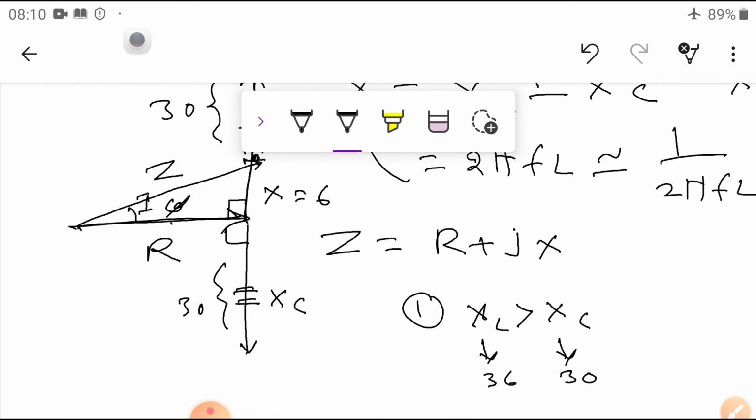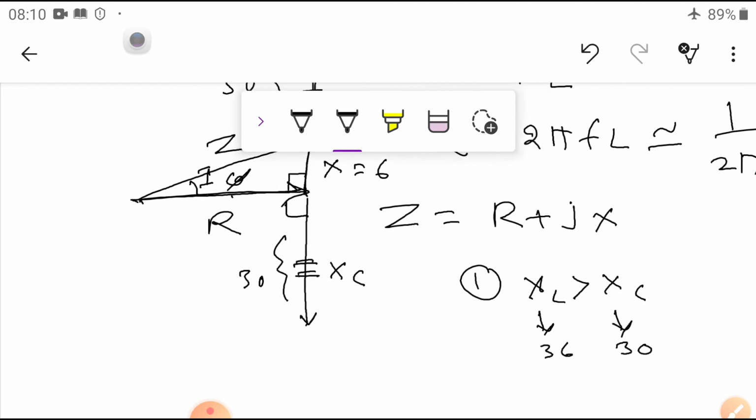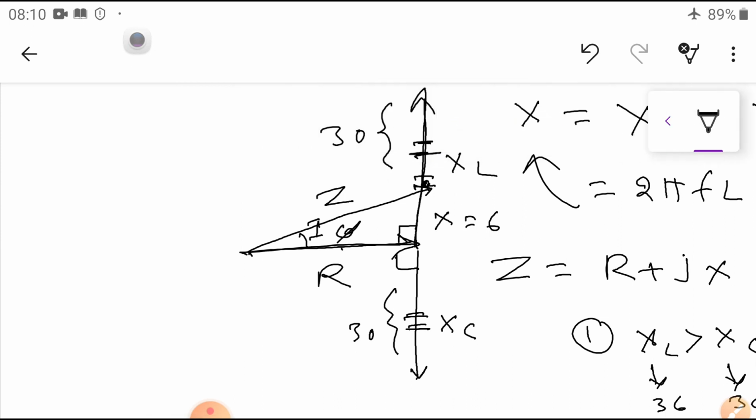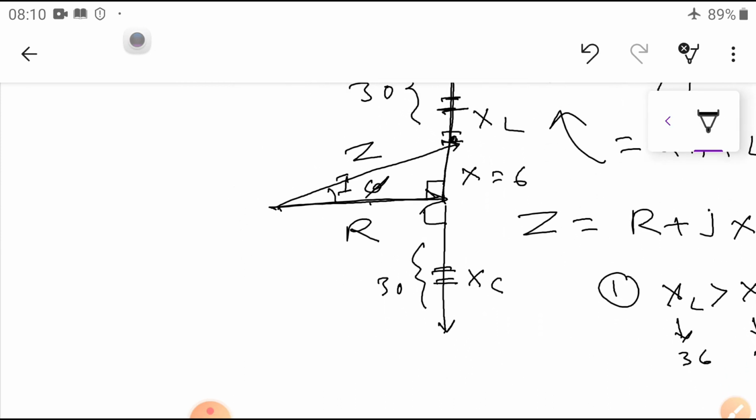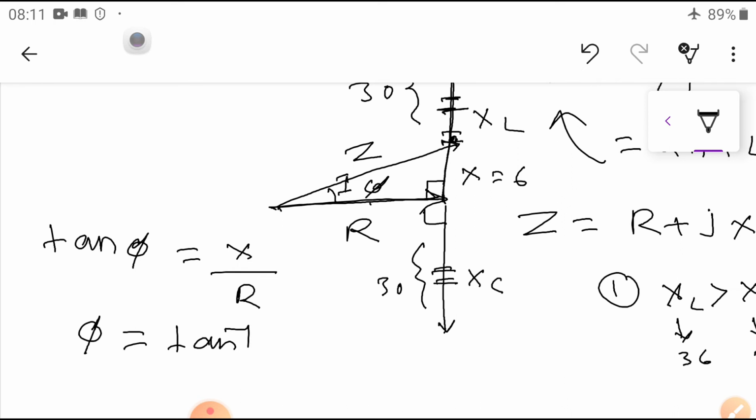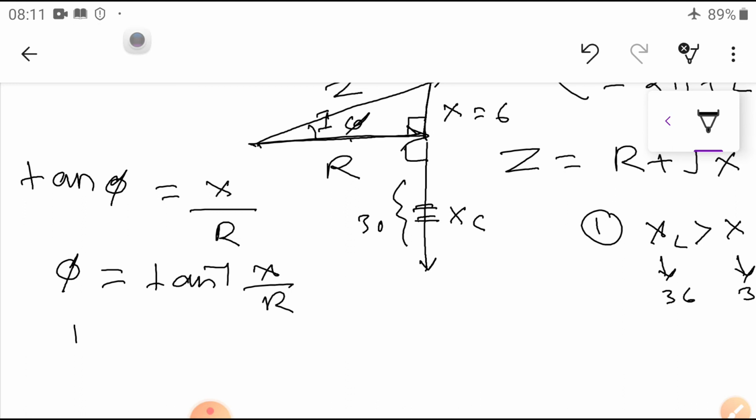From this impedance triangle, I can calculate its angle also. How are we going to calculate the angle here? tan φ is equal to opposite by adjacent, that is X by R. So φ is equal to tan inverse of X by R. Or if you require the power factor, PF is equal to cos φ.